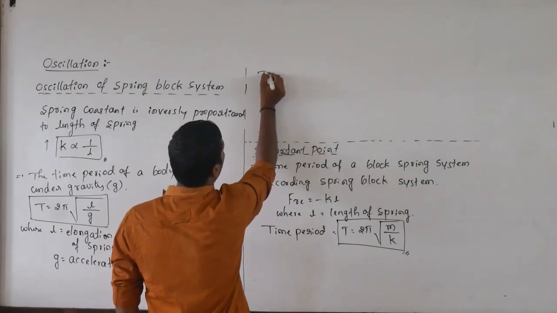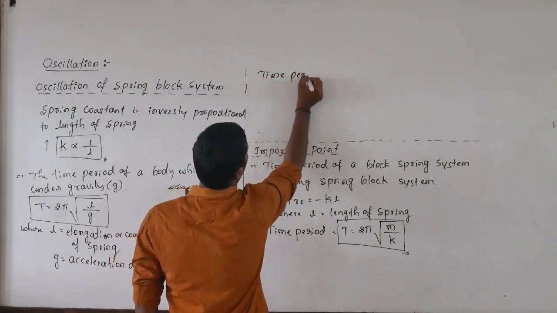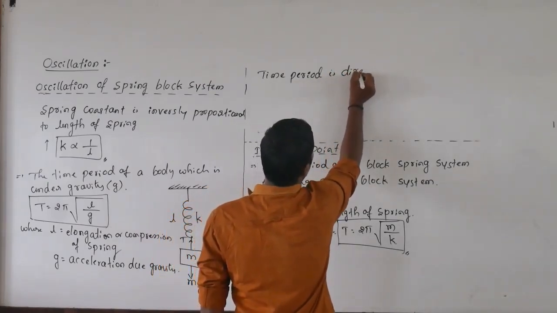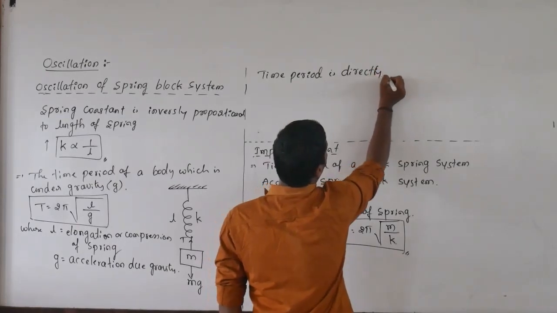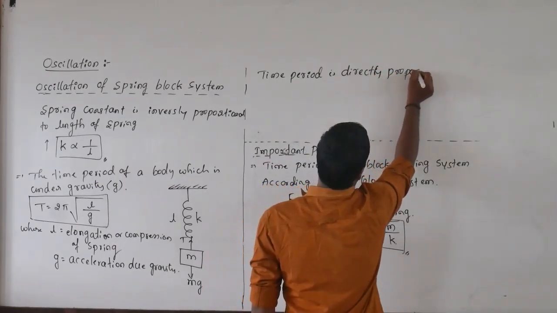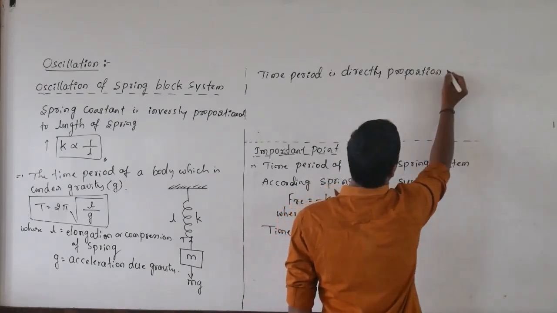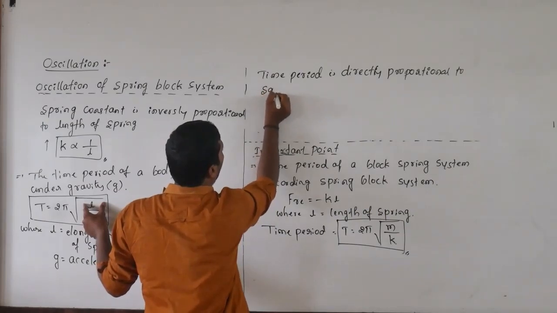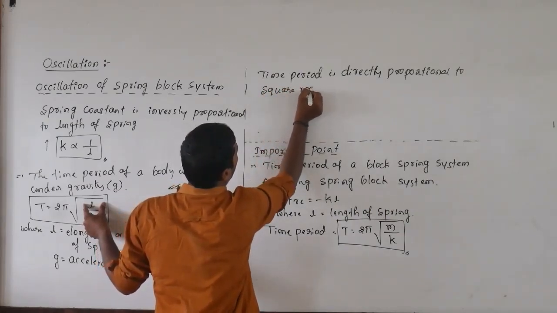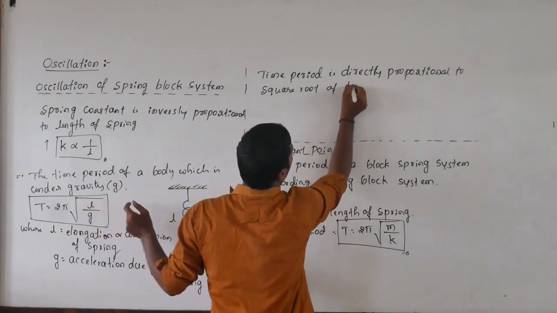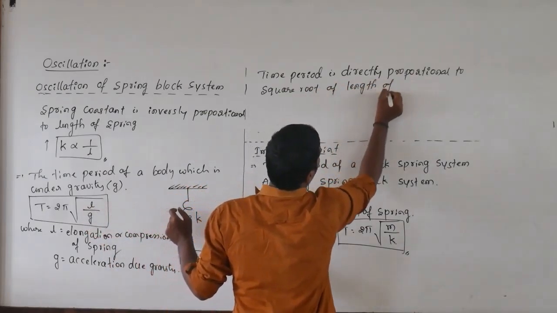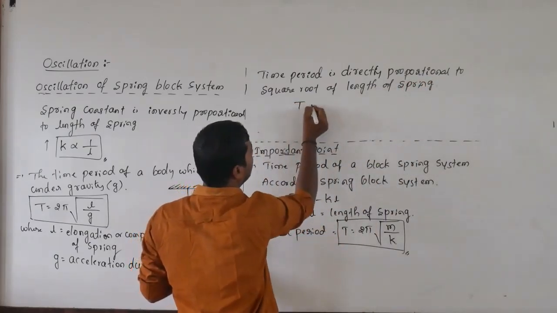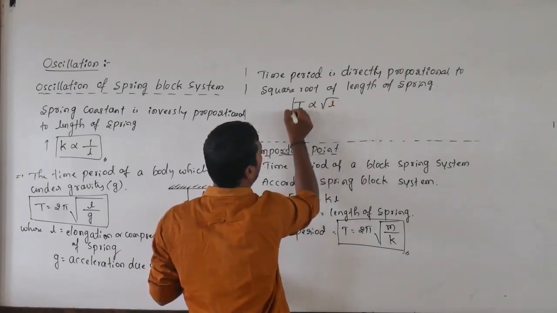That is, T is directly proportional to root of L.